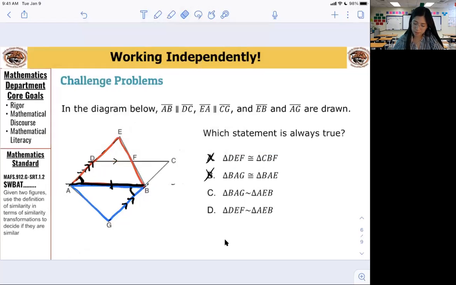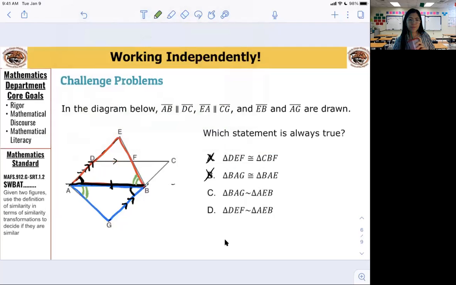So they're not congruent. Are they similar? Maybe. What else would we need in order to prove similarity? We would need to know if angle E and angle G are congruent, or maybe we would have to see if A and this other side of B are congruent, but are they?